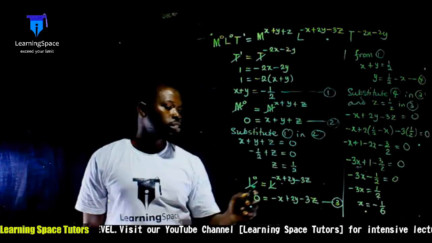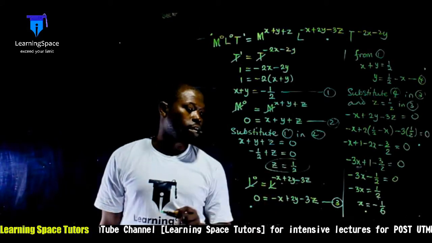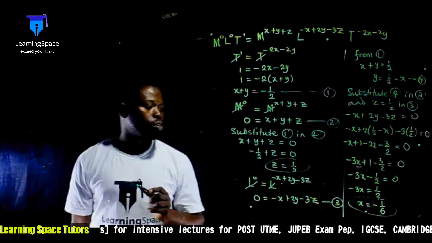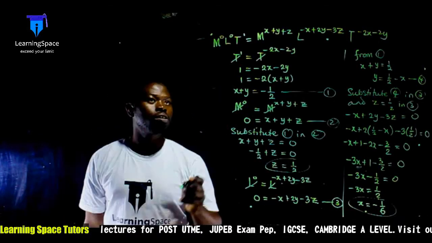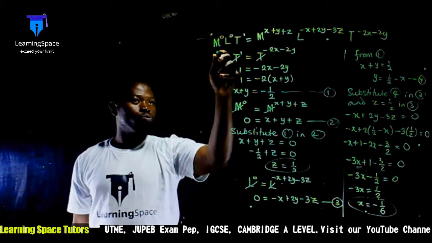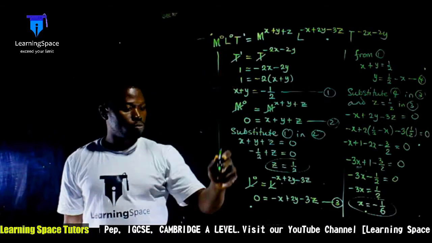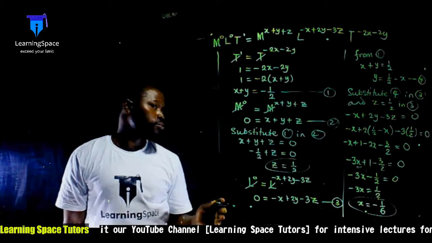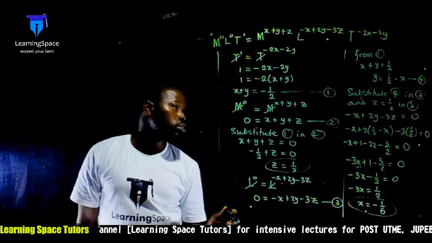The value of z here gives us half. The value of x here is minus 1 all over 6. So we can also obtain the value of y from equation 4.